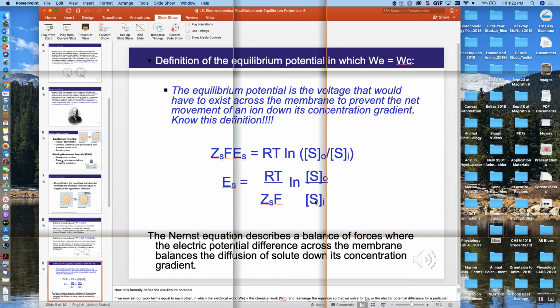Multiply that by the natural log. We've got an outside concentration of 155 and an inside concentration of 40, right?